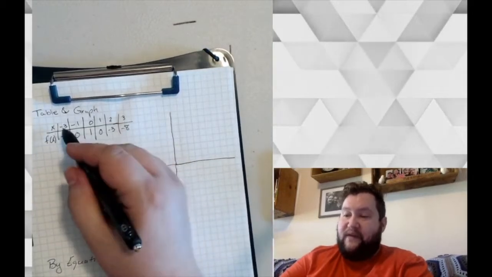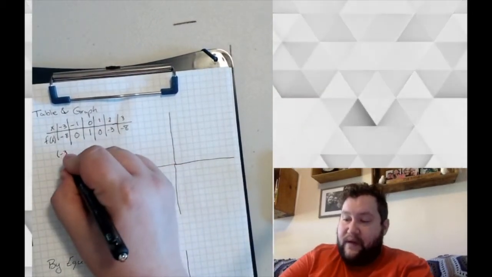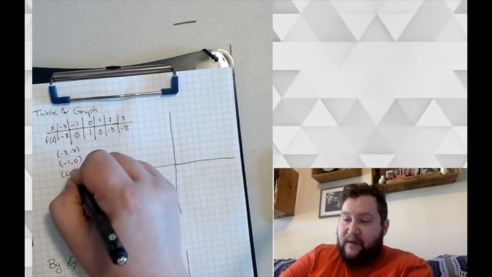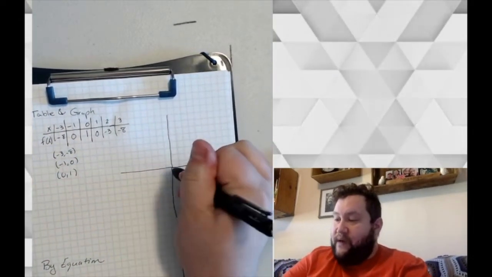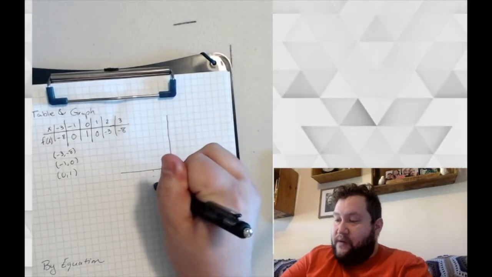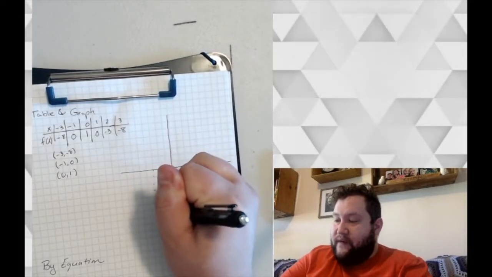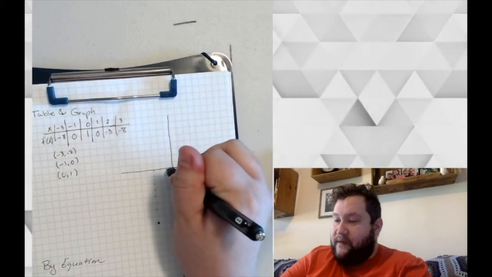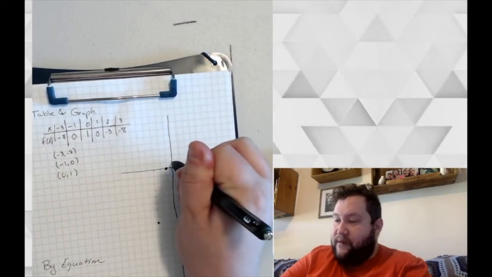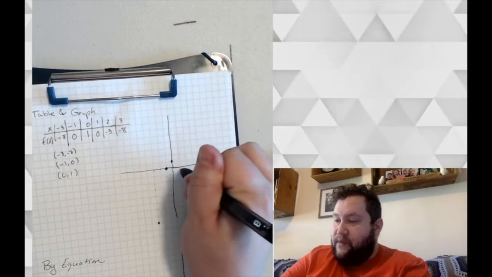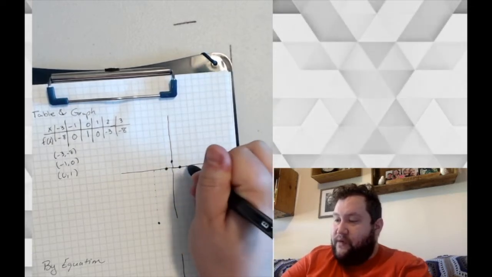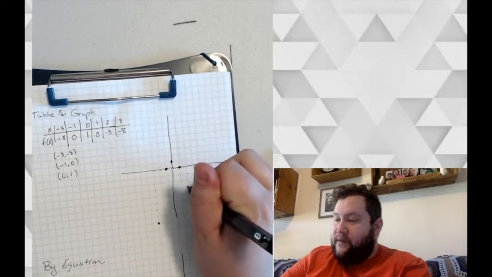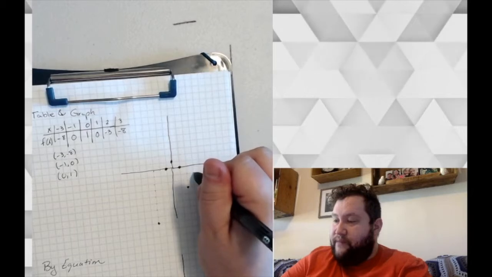Because this essentially gives us a sequence of ordered pairs: (-3, -8), (-1, 0), (0, 1), (1, 0), (2, -3), (3, -8).